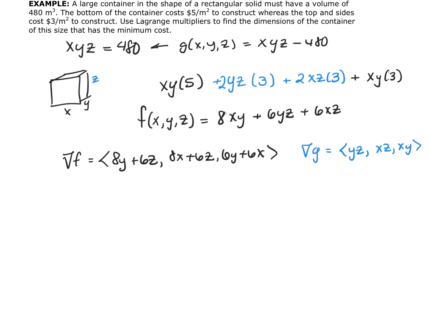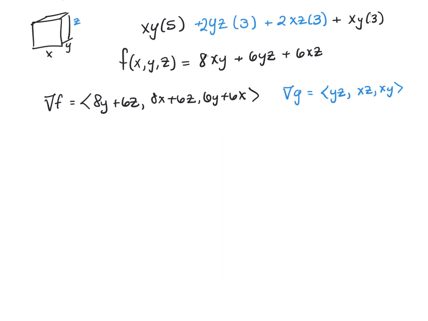All right, so start with my equations. Equation number 1: 8y naught plus 6z naught has to equal lambda y naught z naught. My second one is 8x naught plus 6z naught has to equal lambda x naught z naught.